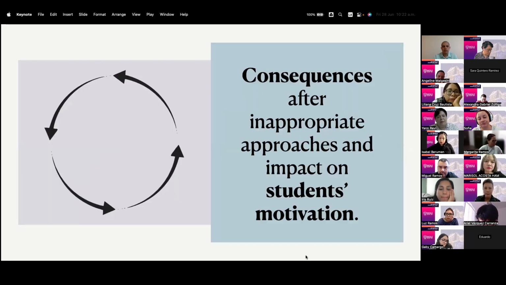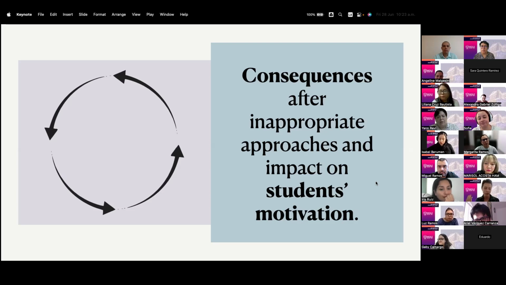Now, there is something called motivation. This is very important, the relevance of motivation. Why? Because it's like a vicious circle, you know? People want to start studying English, so they join a school, they join a course, and after some time, they realize that they are not learning English appropriately.